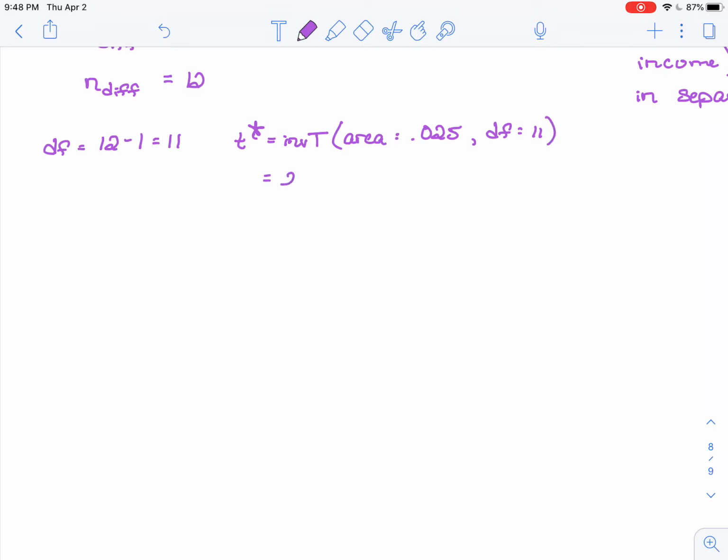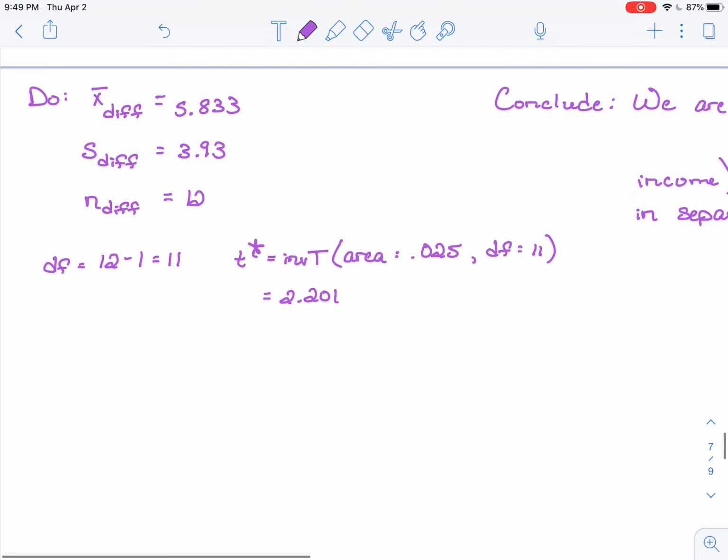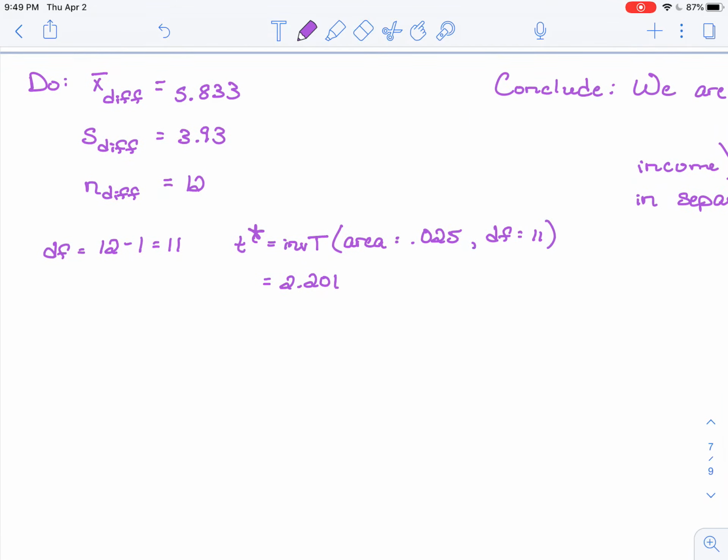My area would be half of 5%. So I'm going to use 2.201. So I'm ready to put all this together into an interval. I'm going to take our point estimate, and I'm going to add and subtract our margin of error.